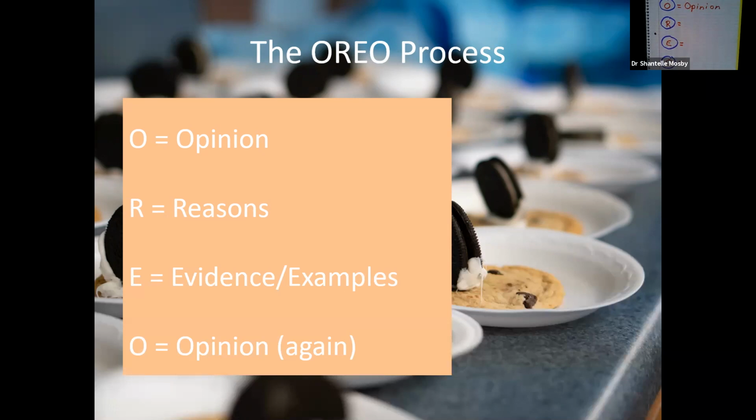For R, you're going to write reasons. For the E, you're going to write evidence/examples. And I'll give you a moment to write that.